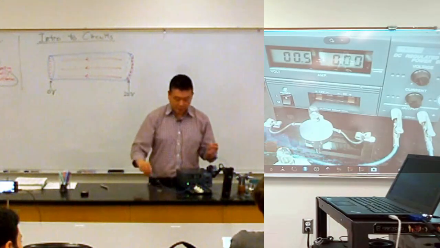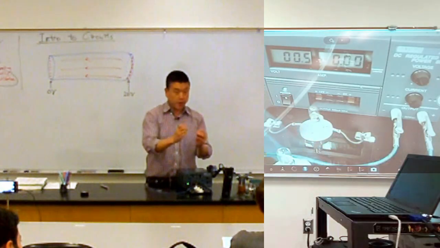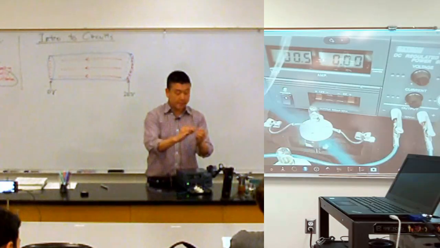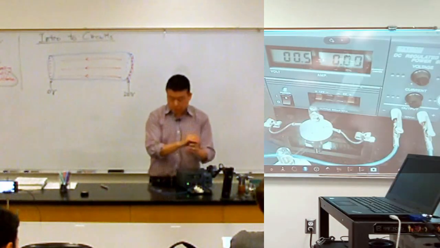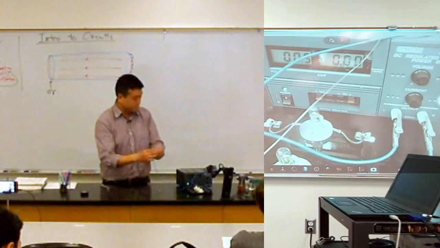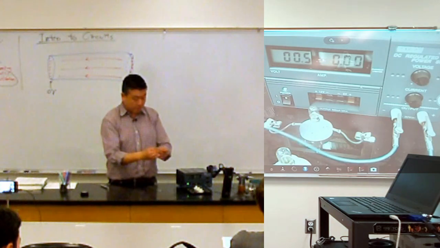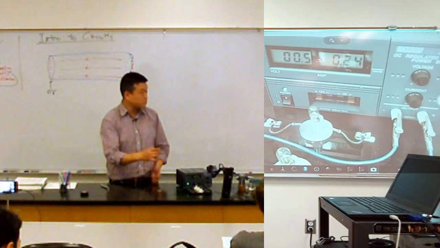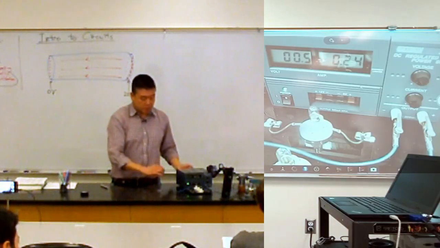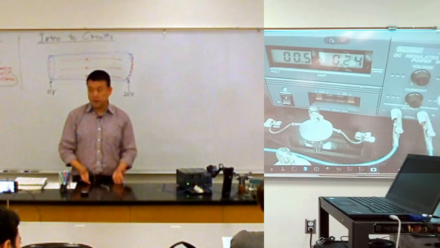But in circuits, what we want to deal with now is the situations where the power supply is trying to supply 0.5 volts, and the rest of the setup is set up in such a way that the power supply is able to. So I'm trying to apply 0.5 volts between these two ends of the wire, and I can. So that's the change in condition that we are now doing.